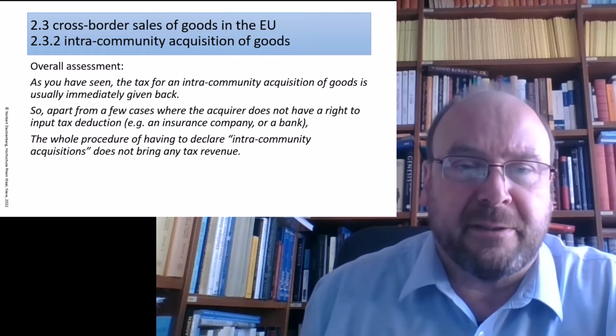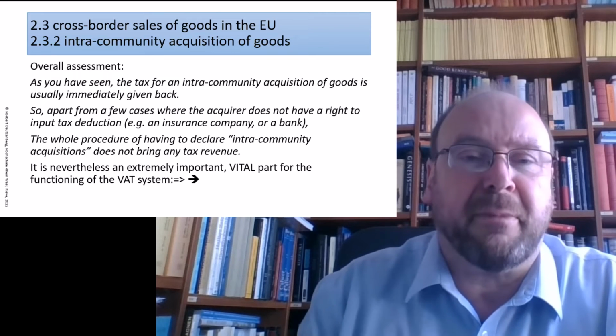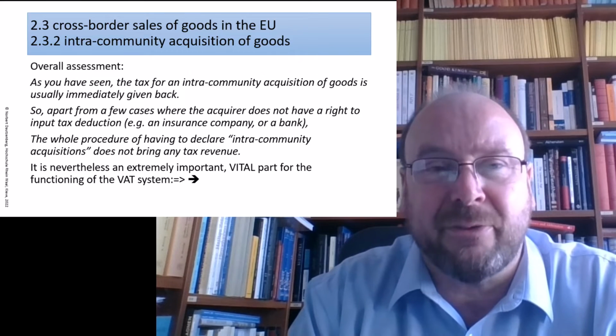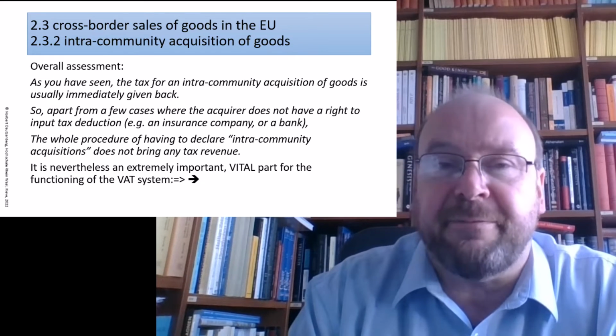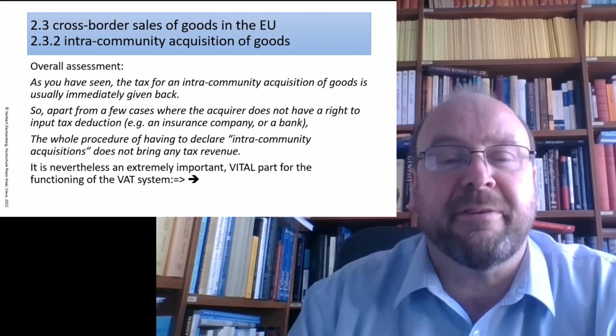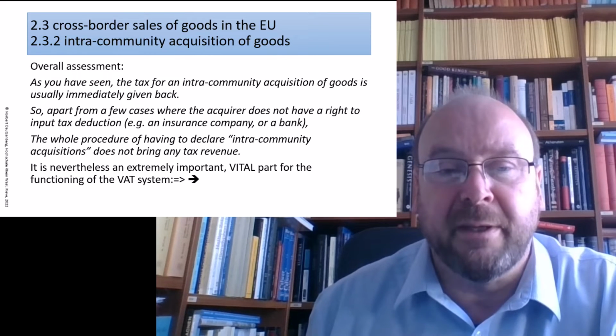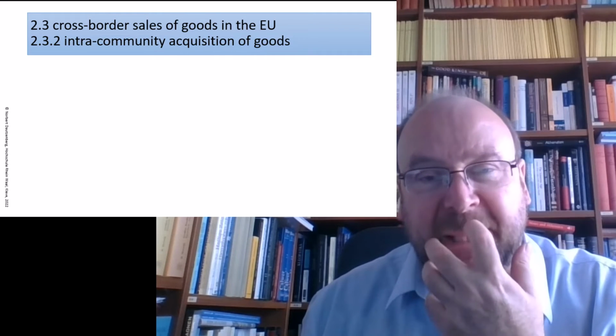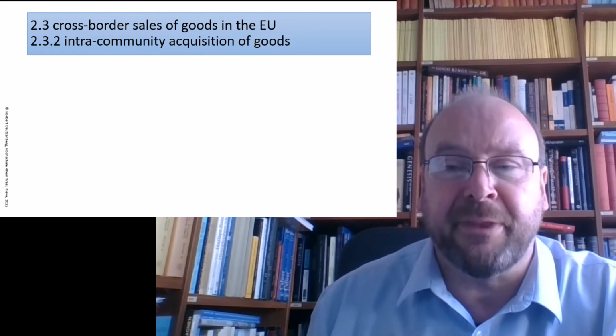And surprisingly, although it's not about money in most cases, the whole procedure of the acquisition tax is extremely important and a vital part for the functioning of the VAT system in Europe. And that's not easy to understand, because you always think taxes are about collecting money.